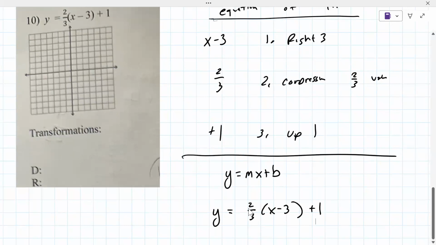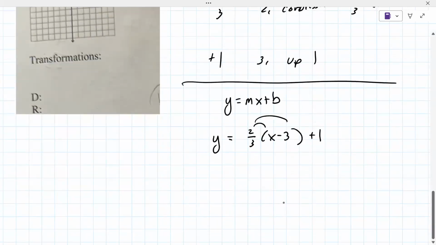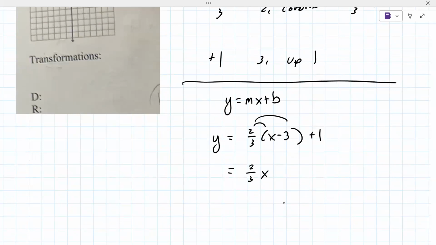You're going to distribute this 2/3 to both terms inside parentheses. So this is 2/3 x. 2/3 of 3 ends up being -2, plus 1. This is 2/3 x minus 1. If that's something you're unsure about, we can do a couple more problems like this.